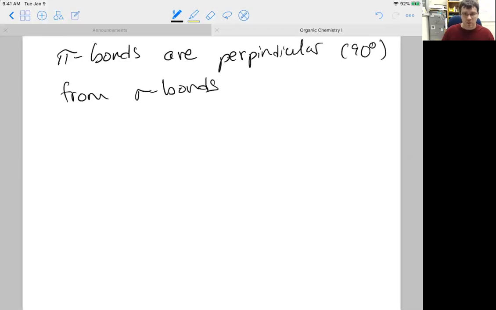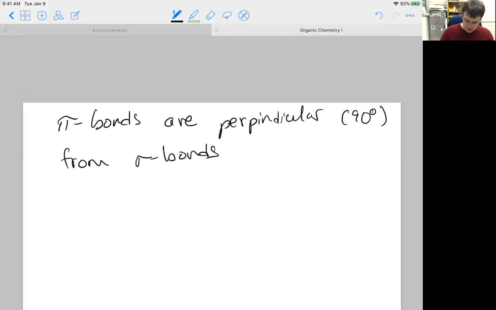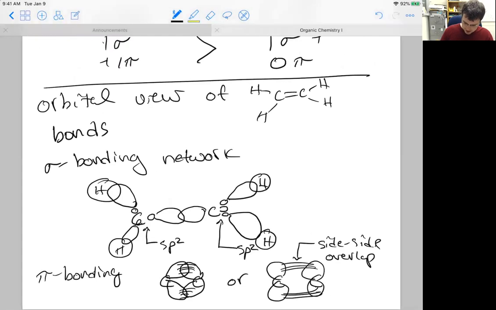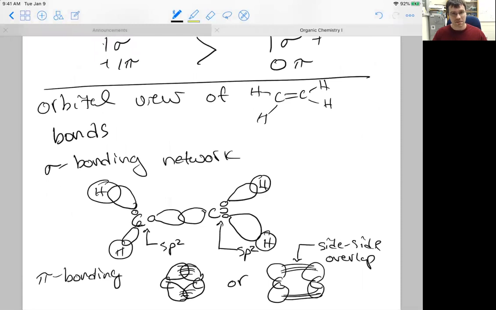So when we had everything in our sigma bonding network flat against the piece of paper, it turns out the pi bonds were actually perpendicular, sticking out of the piece of paper, or the screen in this case, to form the pi bonding network. The pi bonds were perpendicular to all of those hybridized orbitals involved in the sigma bonds.